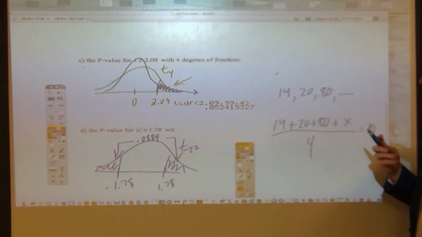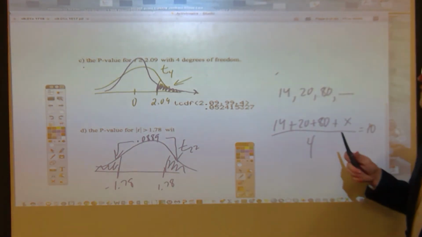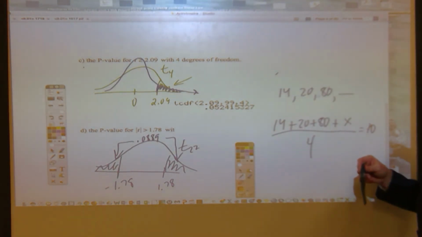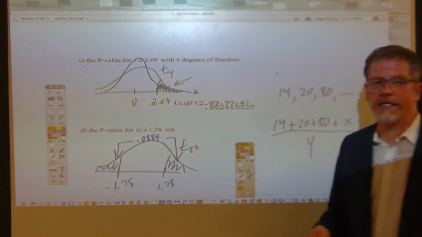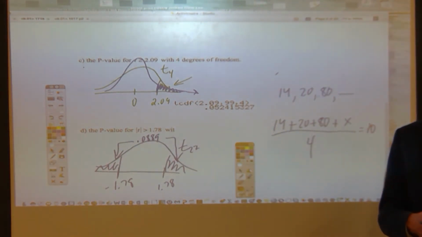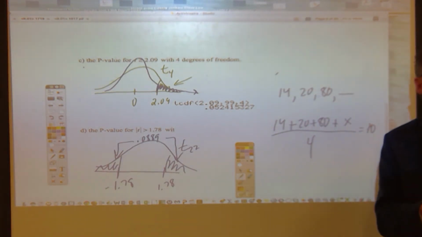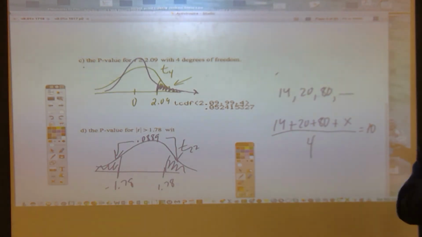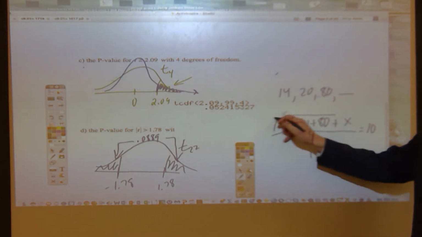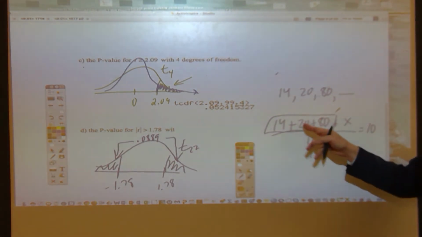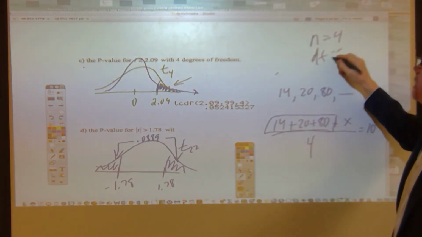So that's an example of how degrees of freedom is used in mathematics. Now, the degrees of freedom concept in the T model is reserved for a future course in statistics. I'm just giving you the rough idea of what we mean by degree of freedom. If you're going to average 4 numbers and make sure that it's 10, you have 3 degrees of freedom, in that you can freely choose any 3 numbers. So when you have 4 numbers, the degrees of freedom is 4 minus 1.